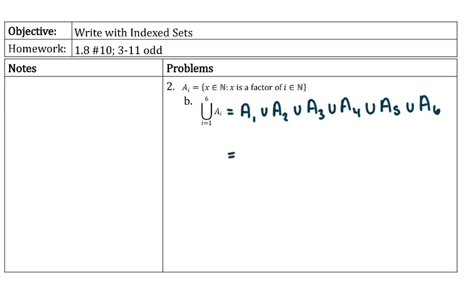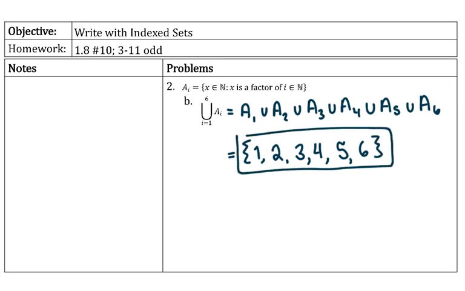Otherwise, I'm going to start by writing the union. I know from A1, the factors here are 1, and then we add 2 for the second. 3 has a factor of 3. 4 has a factor of 2, which we already have here, but also 4. 5 factors itself, and then 6 factors itself. So the union of all those index sets is just the numbers 1 through 6.